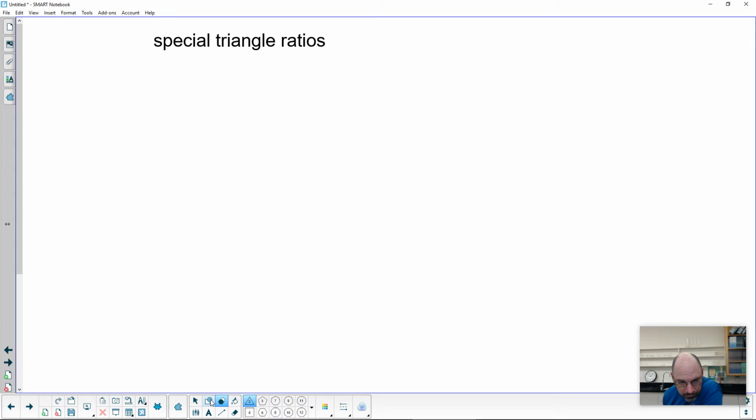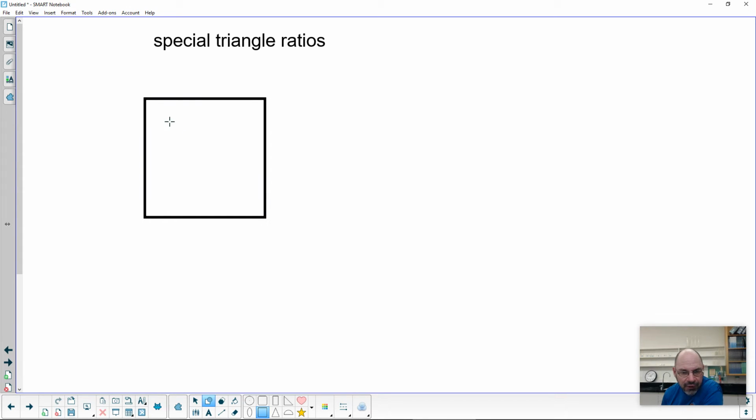So if I just get a square out, and then if we cut this square directly in half, doesn't matter which way, like this. And if we said that this was 1 here, and this was 1 here.